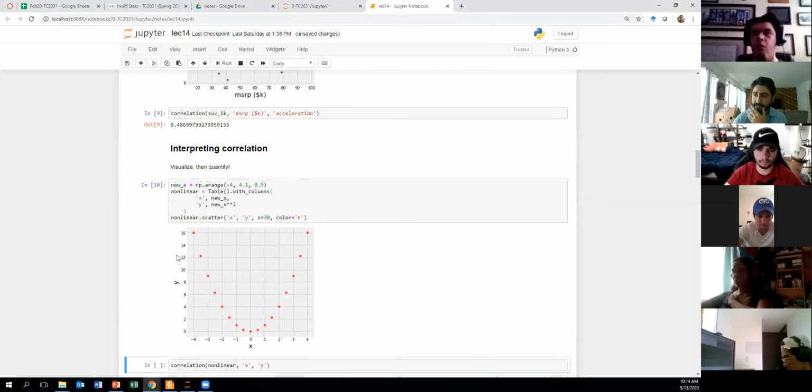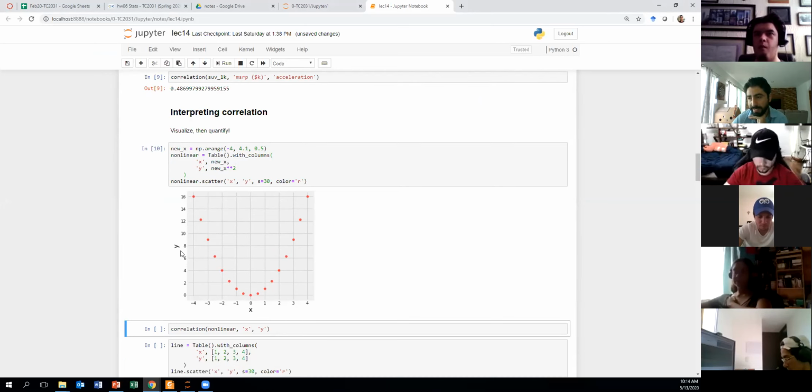Let's consider this scatter plot for my data. I have x values and y values, and this is my scatter plot. What do you think the correlation is going to be for this scatter plot? Any guess, rough estimation?